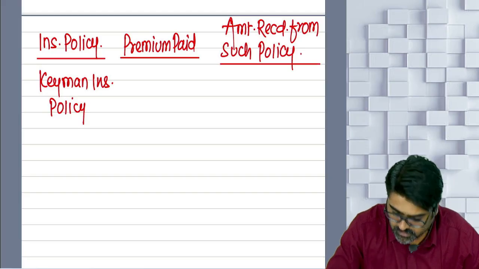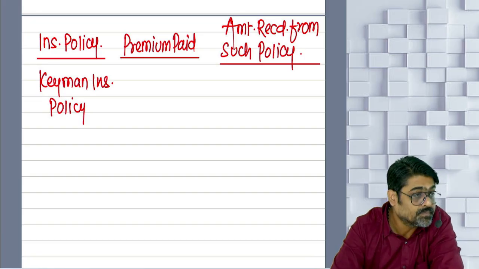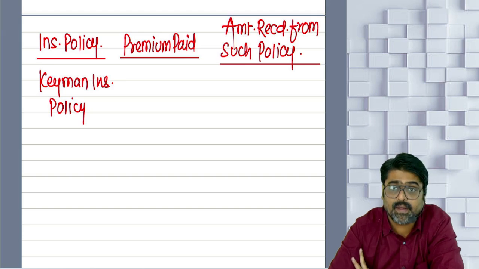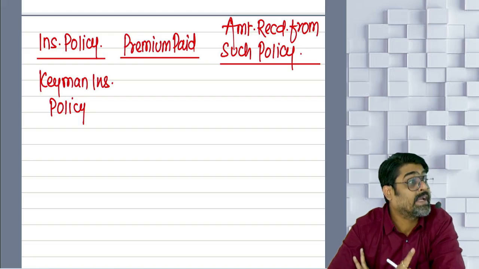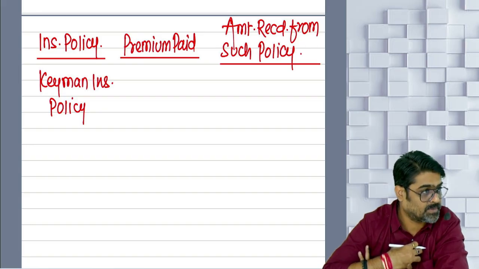Done, sir? So first effect, come on, you tell me. Keyman insurance policy, premium paid. Is it an expense? Will it be allowed as a deduction in the hands of the person who has taken that policy, meaning in the hands of the business person? Yes or no?